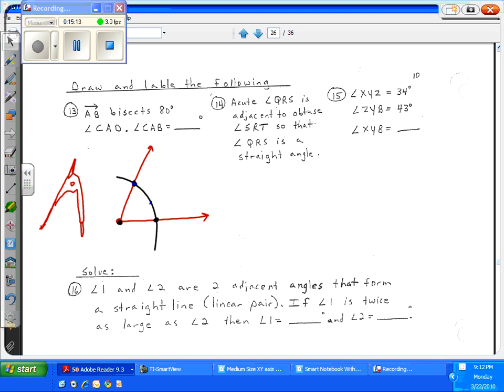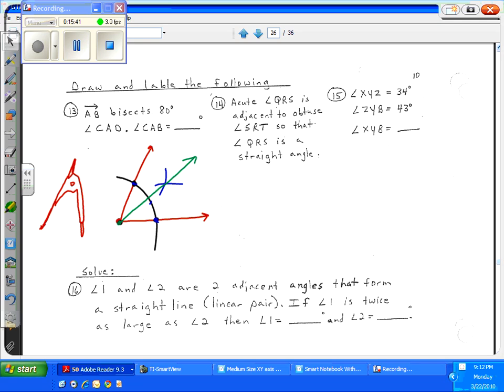And then you would open up your compass again so that the pointed part was here and the pencil went over halfway, and you would make an arc out here. And then you'd put the pointed part on this side and make your pencil make an arc that way. And then you could go from the vertex straight through that intersecting point, and that's how you use a compass to bisect an angle.